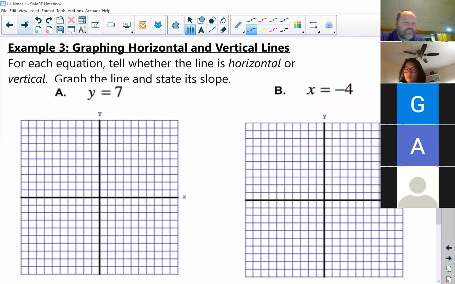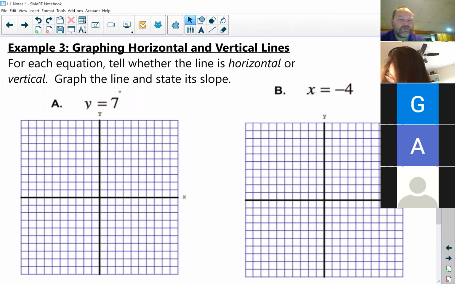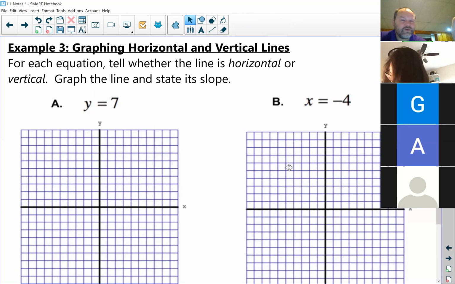All right, so for each equation, tell whether the line is horizontal or vertical. Graph the line and state its slope.